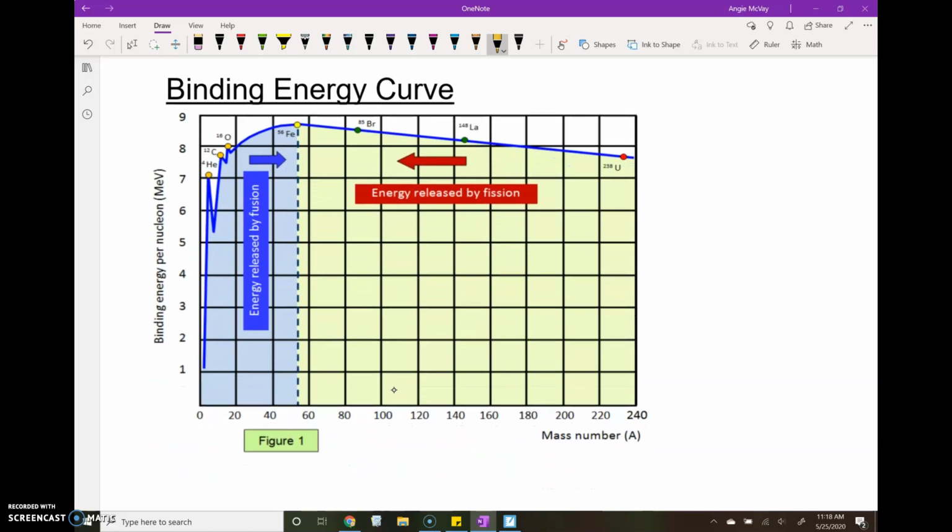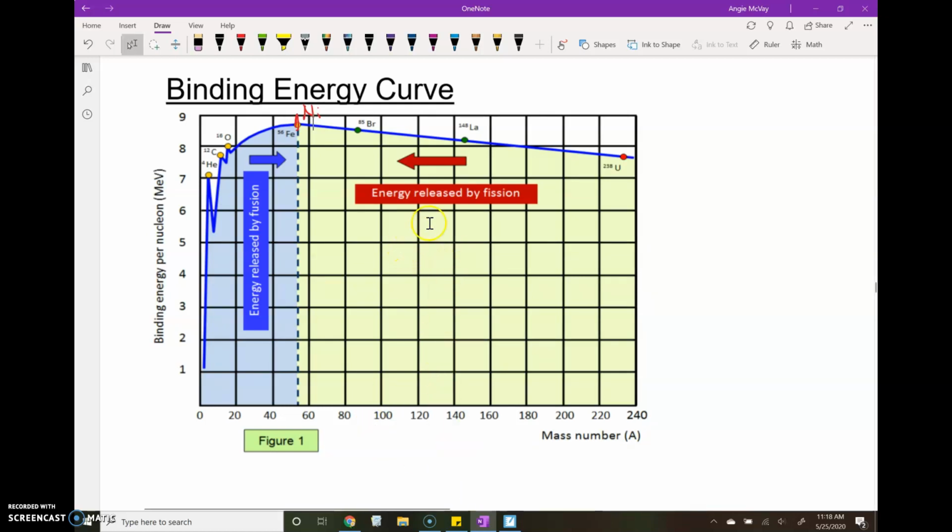This is a very similar figure. Here they're using iron as the turning point for stability. Again, iron and nickel are right around that turning point.